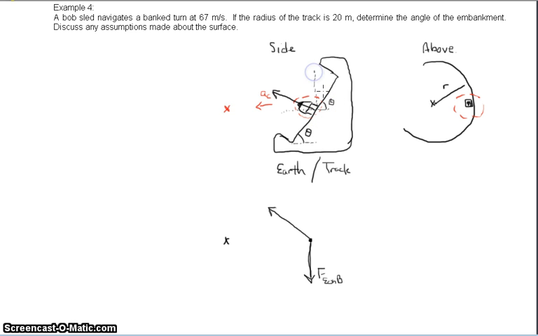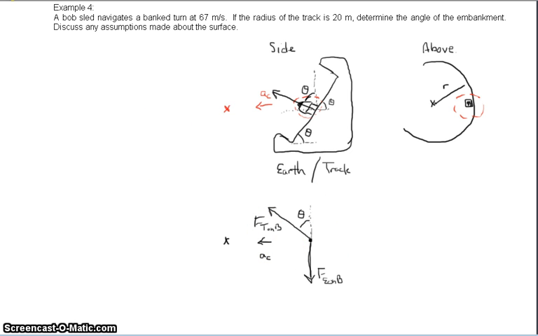If I dot in my vertical, this would be 90 minus theta, which would make this over here theta. So in this picture, I'm going to label my angle theta as this over here. So this would be the force of the track on the bobsled, and then this would be the acceleration pointing towards the center.